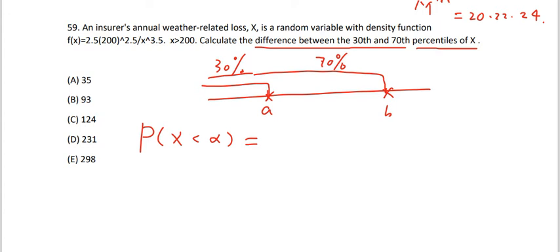The density function for x larger than 200, so from 200 to alpha, the density function has this constant, and here is x to the -3.5, dx.